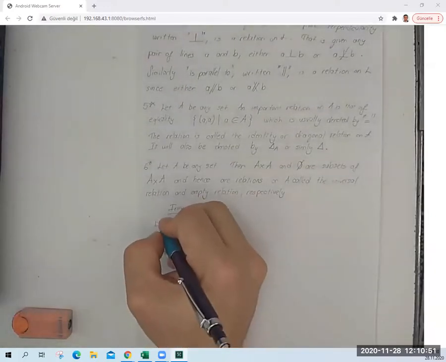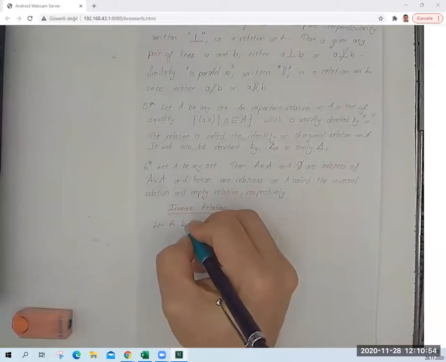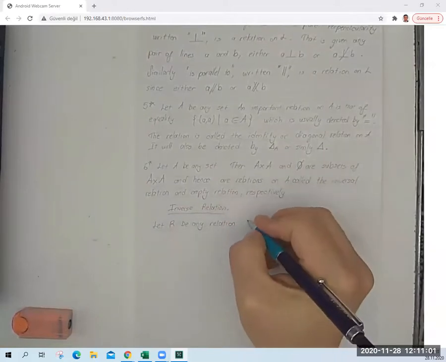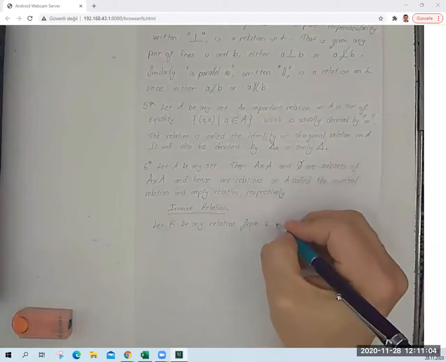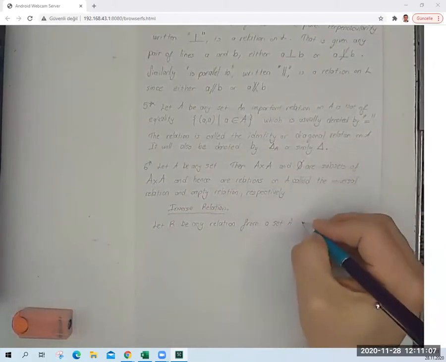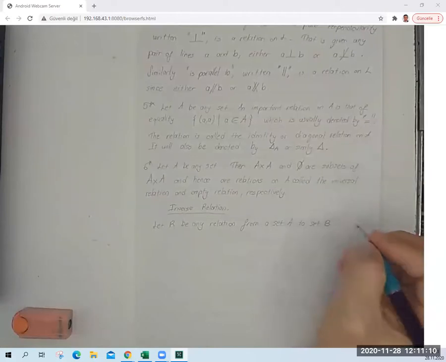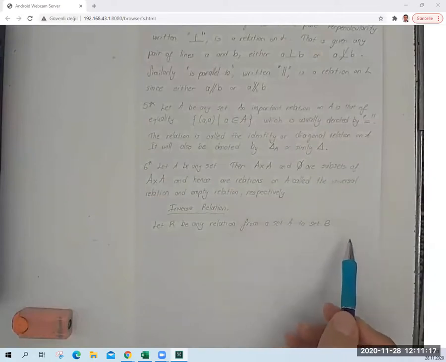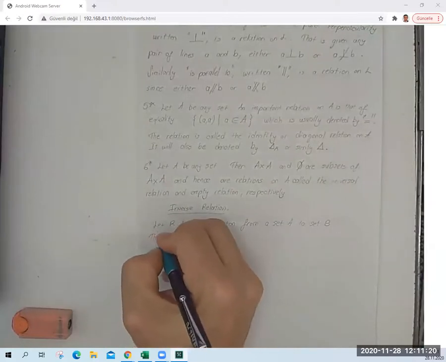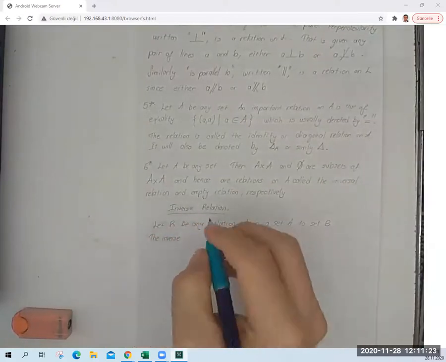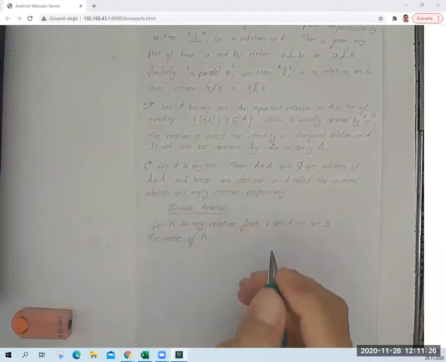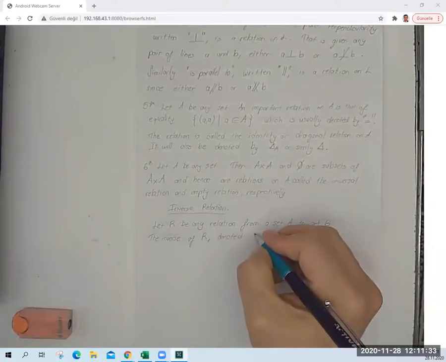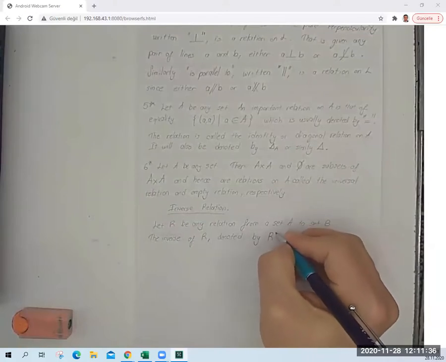We know R is any relation, of course with two sets for that relation, like A and B. So that relation is from set A to set B. The inverse of R is denoted by R to the power minus 1.